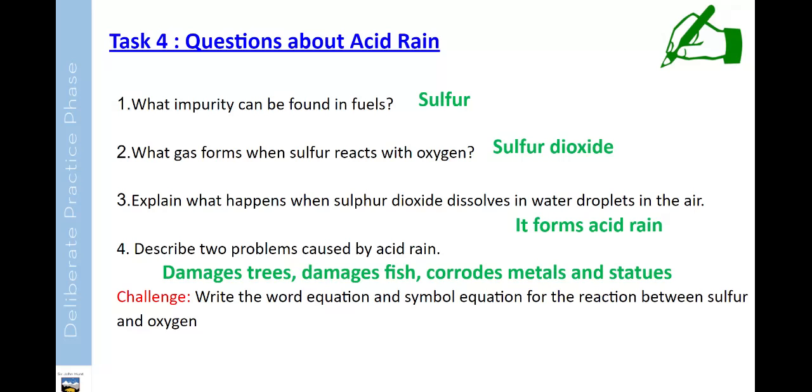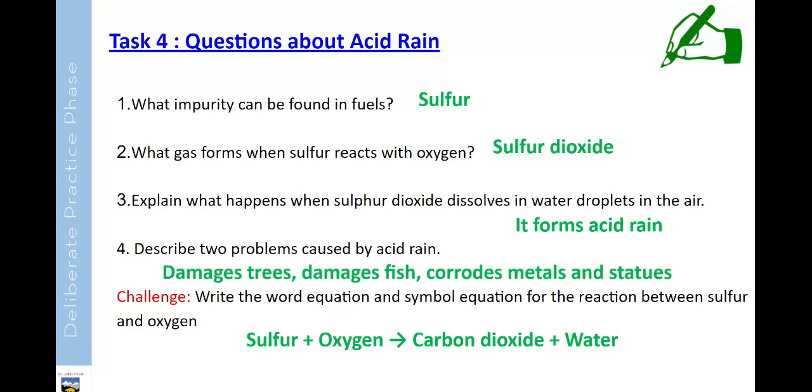And then the word equation, I know I've made a typo here and I completely forgot to correct it. See if you can see what the typo is in the word equation. Yes, silly Miss Pitt. Sulfur plus oxygen goes to make sulfur dioxide, not carbon and water. Now, remember, guys, that should just be sulfur dioxide.